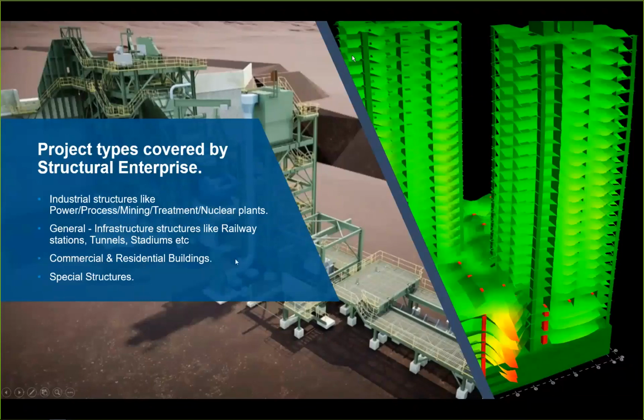And then commercial and residential buildings, like the one I show on the right side, can be modeled, analyzed, and designed in RAM Structural System and RAM Concept, as well as our RCDC program. And special structures: if the structure type is not covered under industrial, infrastructure, or buildings, then we can call it a special structure, which can also be designed using STAAD.Pro, which is included in Structural Enterprise. So those are the projects covered by this special bundle license, Structural Enterprise.